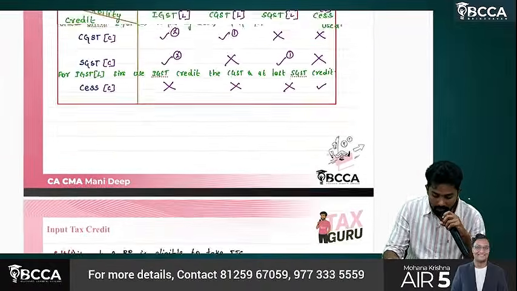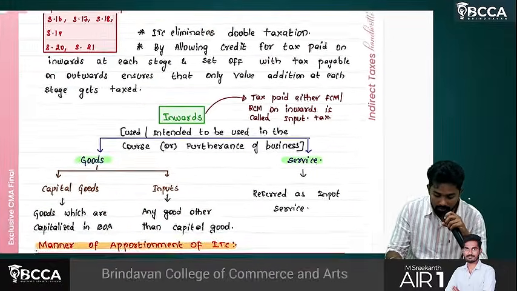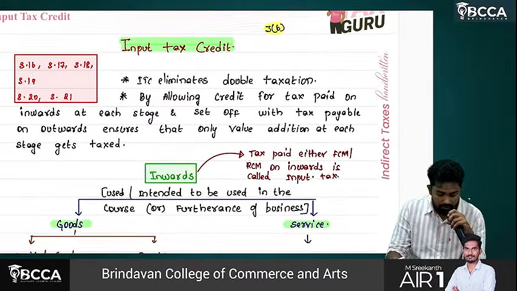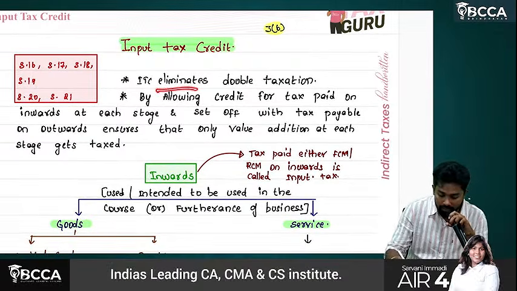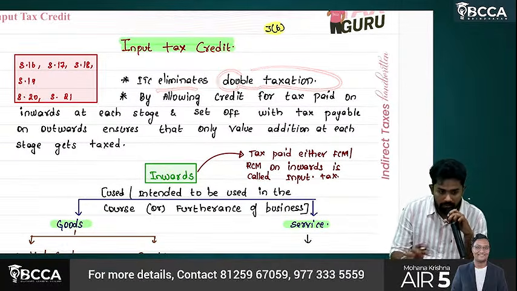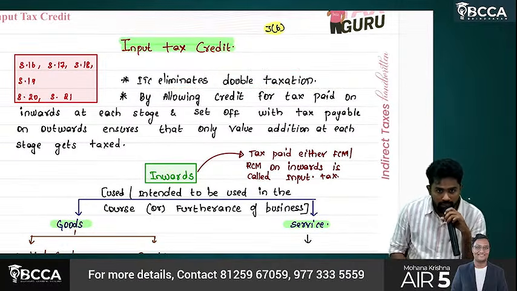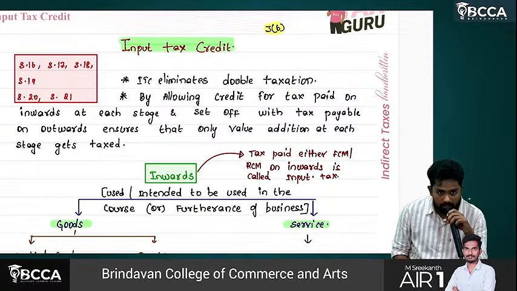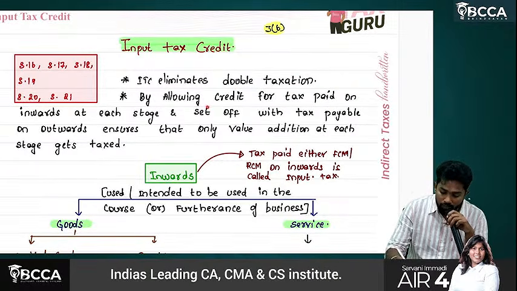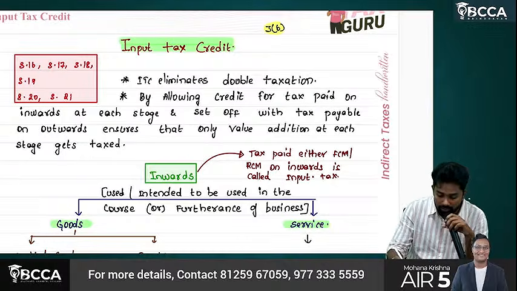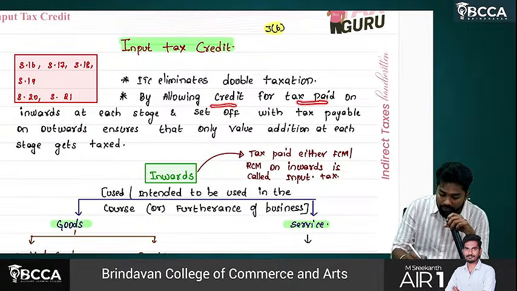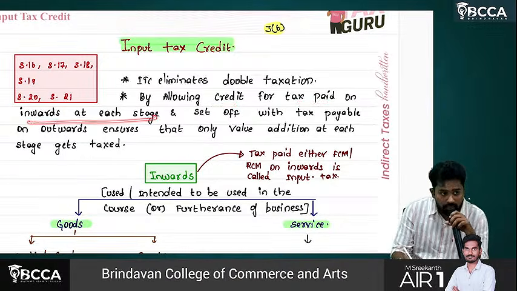Now let us discuss this. Why ITC? ITC eliminates double taxation. How does it eliminate double taxation? By allowing credit for tax paid on inwards at each stage.